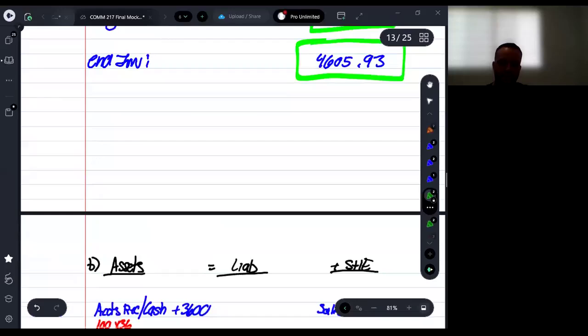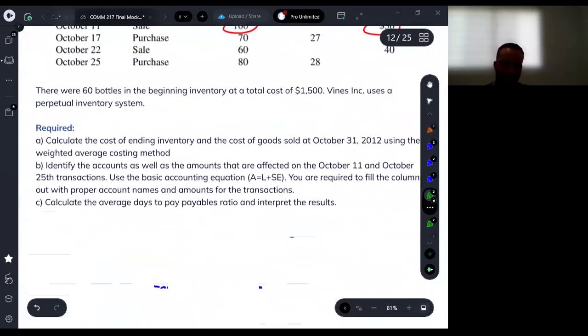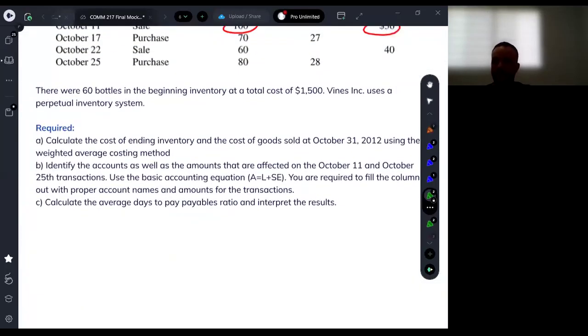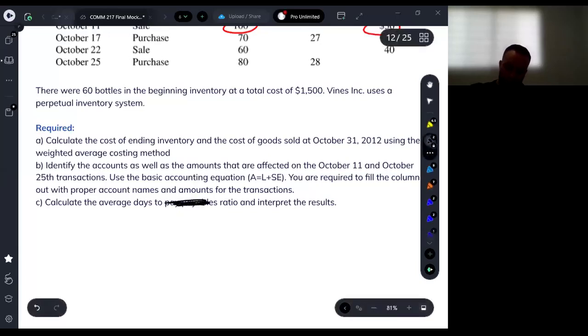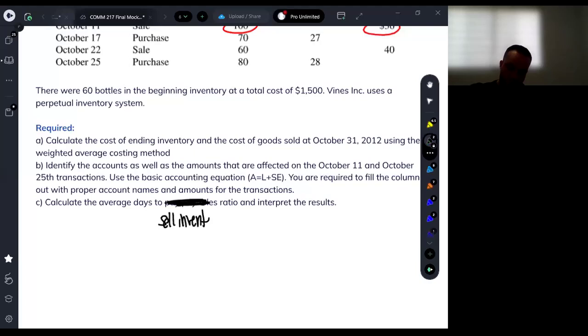And D, they wanted us to calculate the average days to sell inventory and interpret the results. Oh, okay.